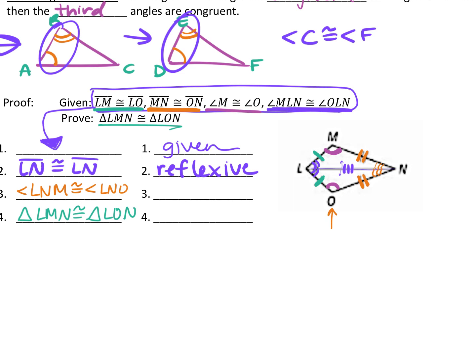Okay, can anyone tell me how we know those 2 angles are congruent? It's the third angles theorem. We knew the 2, right? So that means we know the third as well by the third angles theorem. Okay, so now we're going to say we know the 2 triangles are congruent. Why do we know the 2 triangles are congruent?